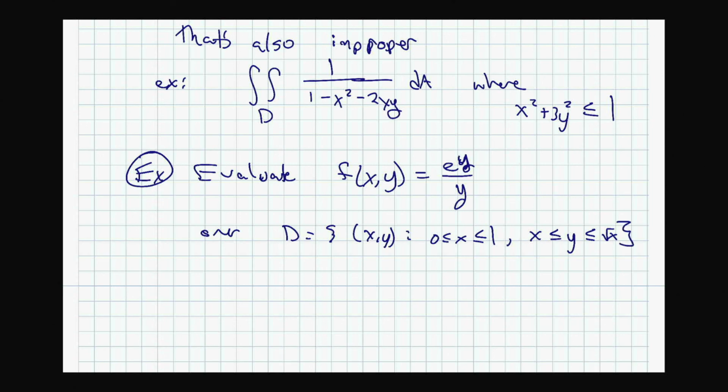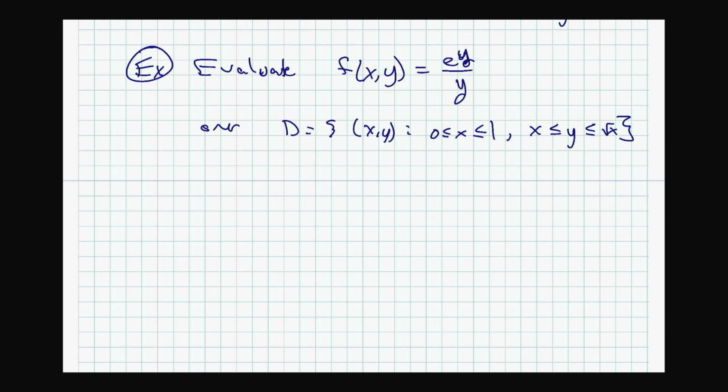Looking at this region, you can see that this is discontinuous at 0, 0, which is in D, because x equals 0 is allowed, and then y could also be 0. So at 0, 0, e to the y over y, which is f of x y, is not defined.